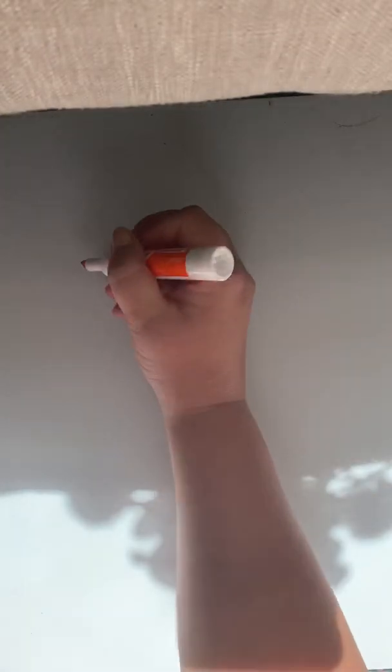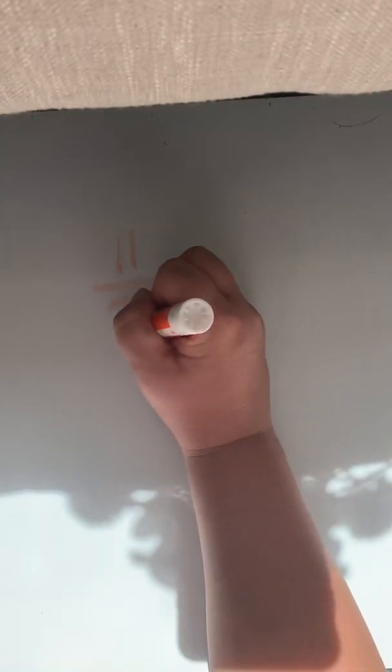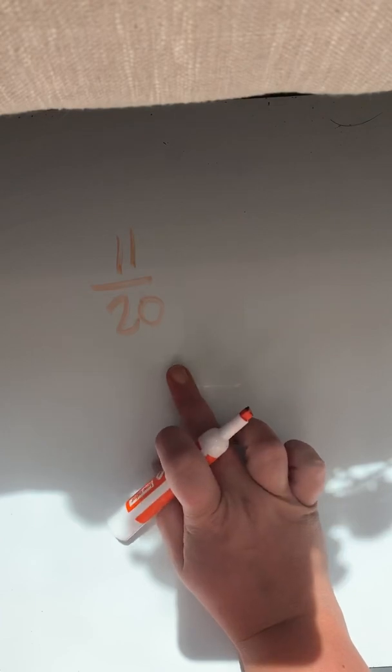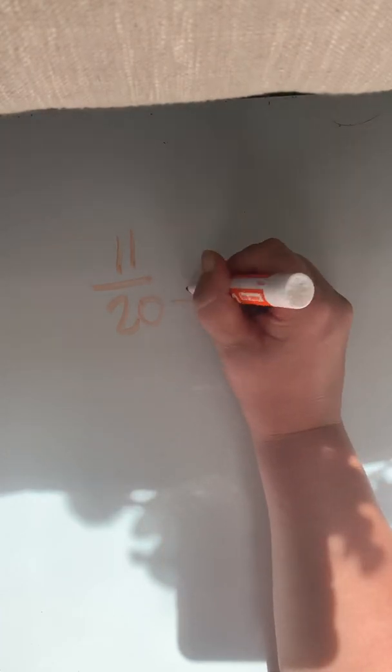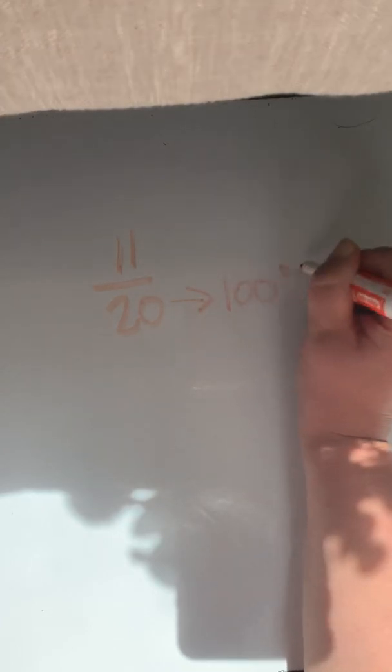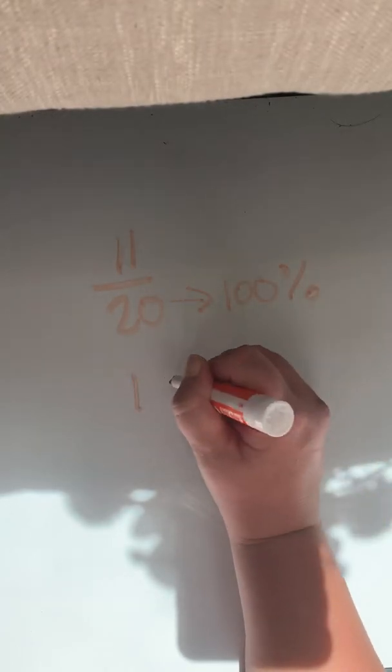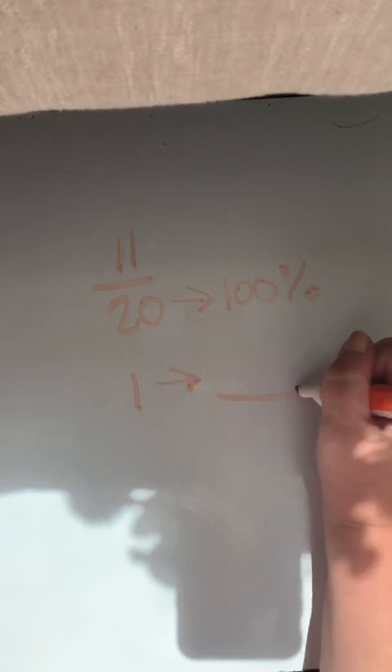So if I have 11/20ths, and I know that 20 of those parts is 100%, 1 part would equal what?